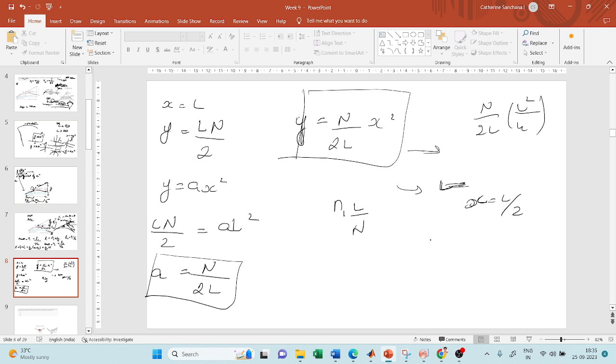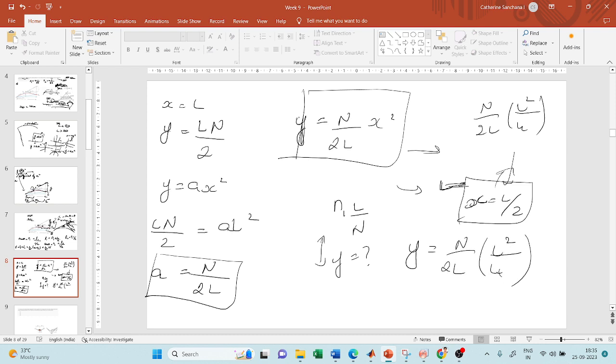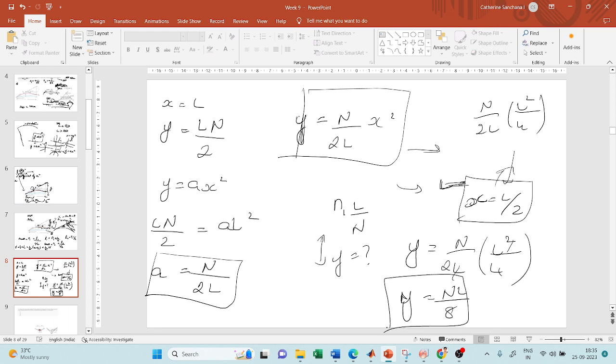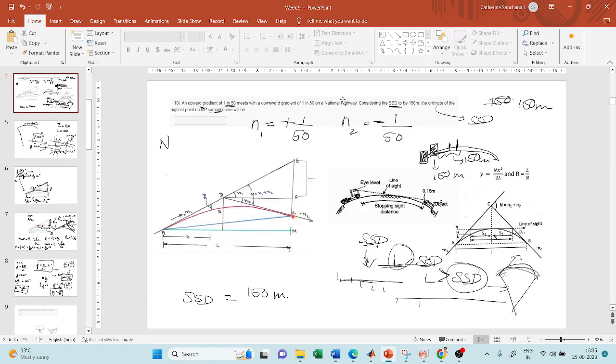When you do that, just substitute this in this equation. So the highest point of this curve is nothing but my y. Vertical distance is what they've asked, and it occurs at a distance of L by 2. So just substitute this there. L square by 4, you will get n L by 8. So this is the highest point on the curve. Now let's go back to the question. I hope all this is clear.